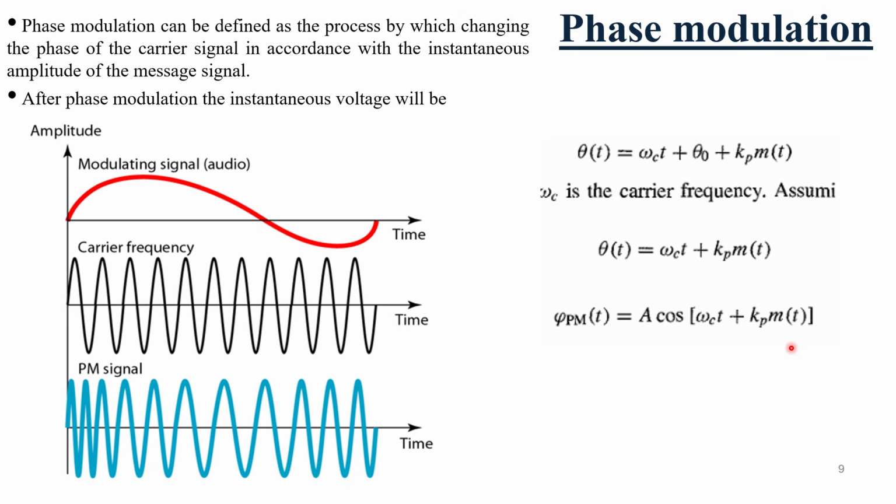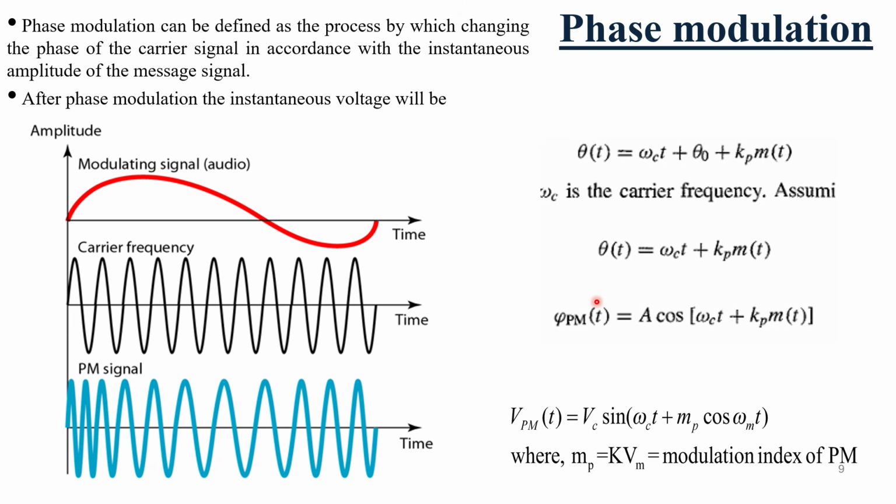You can also write the entire equation as A cos of the angle, that is theta(t), and we are going to take the differentiation of that. Alternatively, you can write your PM modulated signal as Vc sin omega ct plus m(t) cos omega ct. Kp and Mp are both constants, similar terms. We are going to use this equation.